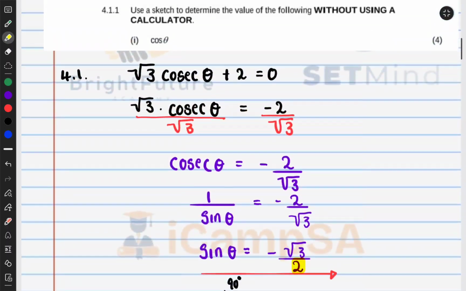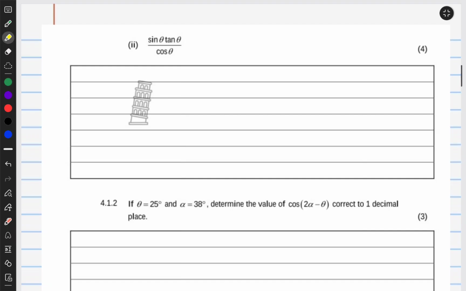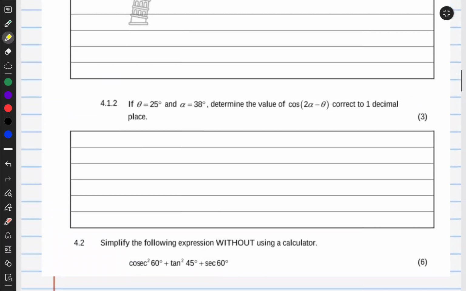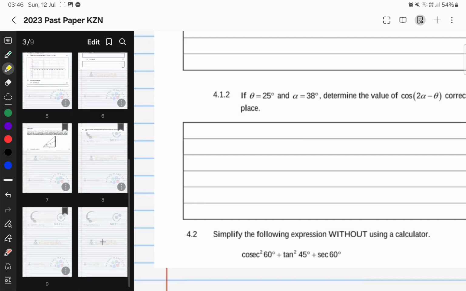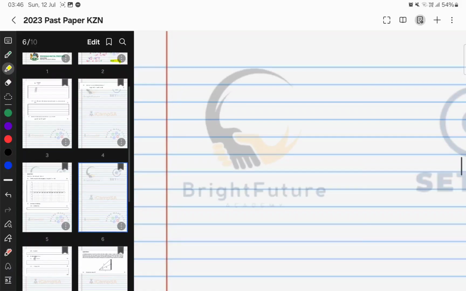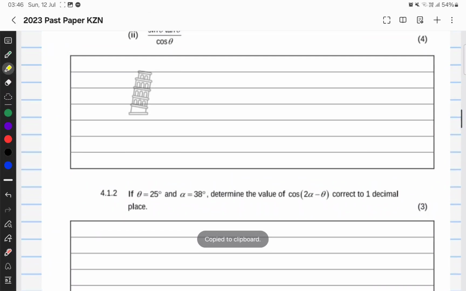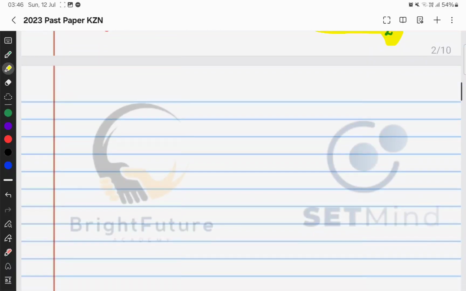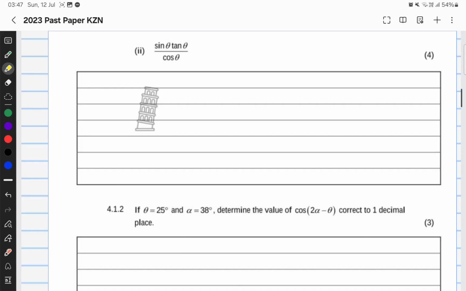We have to evaluate again without using a calculator. What now? Sine theta times tan theta over cos theta. Okay, let me see something here. I think that's another page, because it's a bit of work. Now we have added a page. Copy, for 1.2, we're going to paste here.